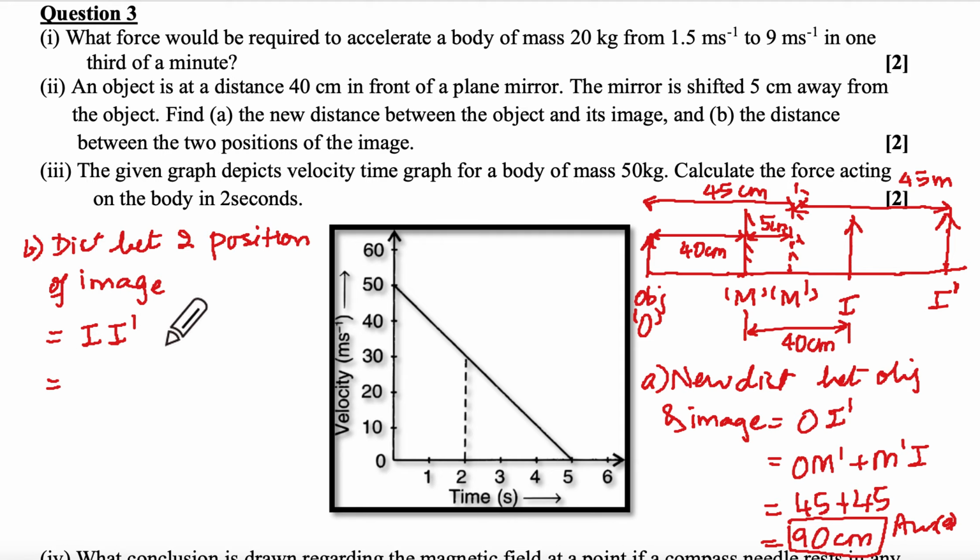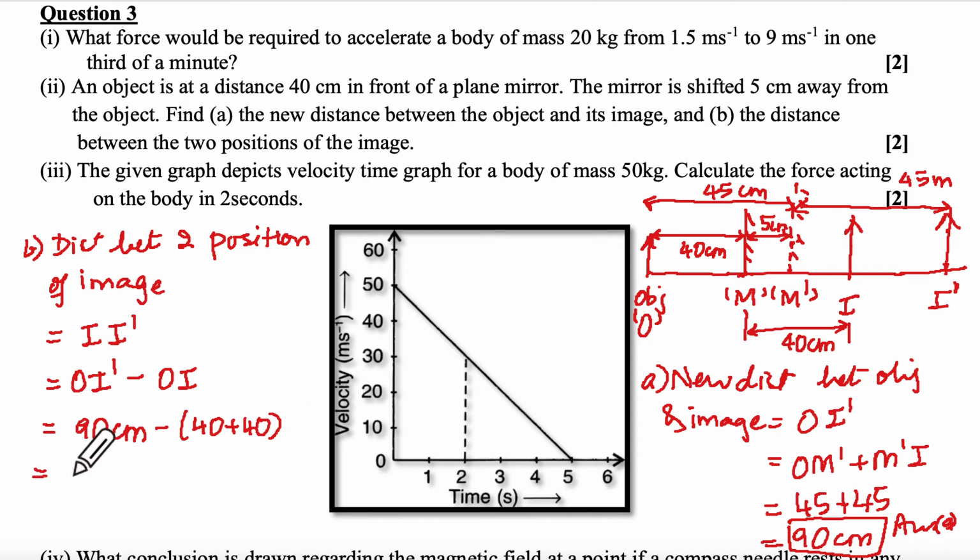Now II dash would be equal to OI dash minus OI, agreed? OI dash we already found out as 90 centimeters, minus what was OI? 40. So it will be 90 minus 40.